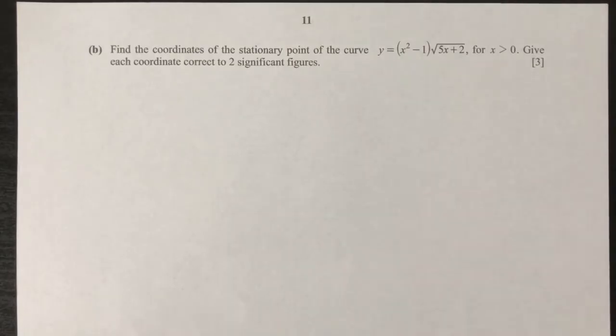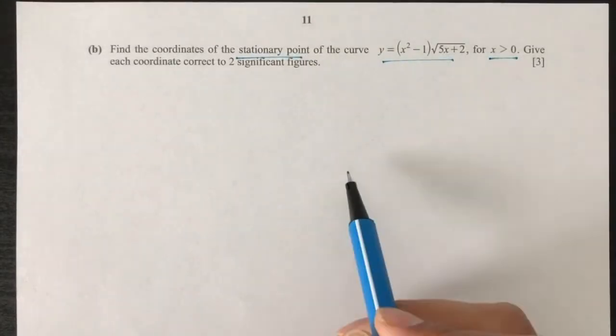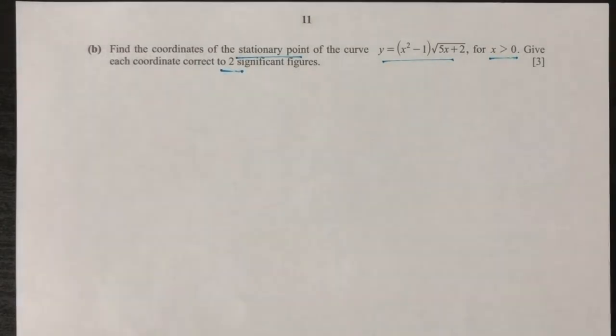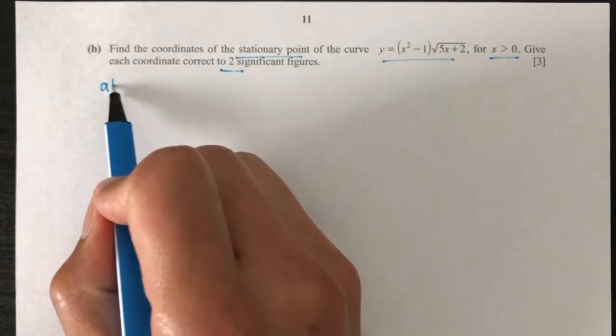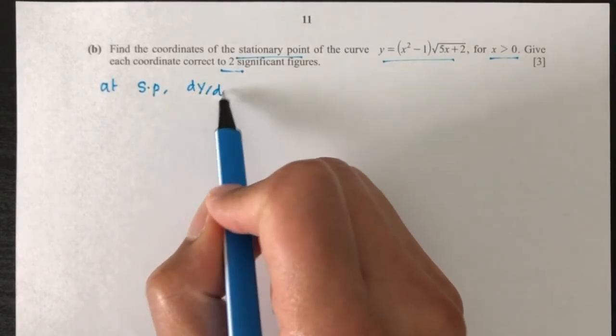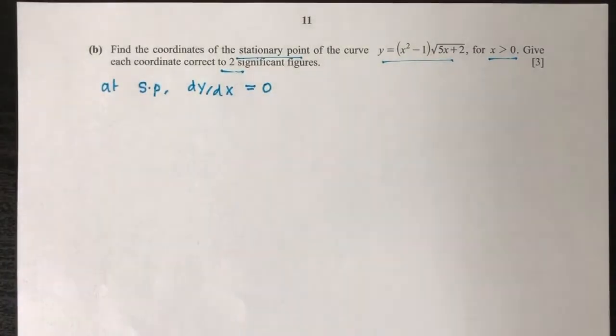So now let's move on to part B. Find the coordinates of the stationary points of the curve for x more than 0. Give each coordinate correct to 2 SF. So as you know, at a stationary point, dy by dx equals 0. Now, what is the value of dy by dx?